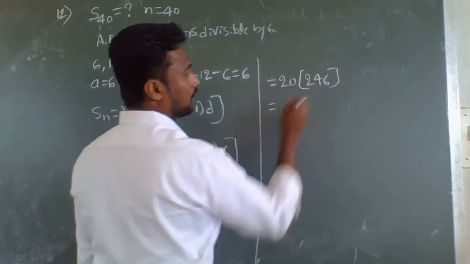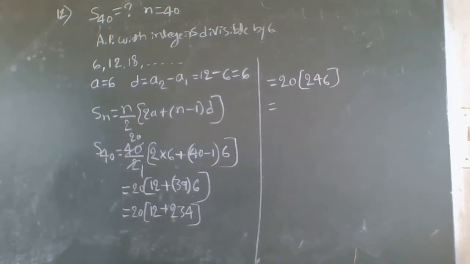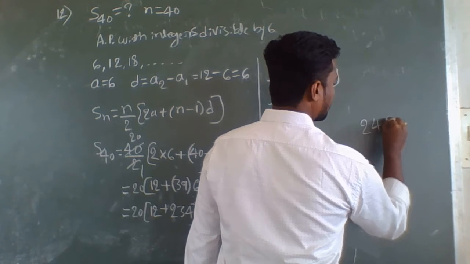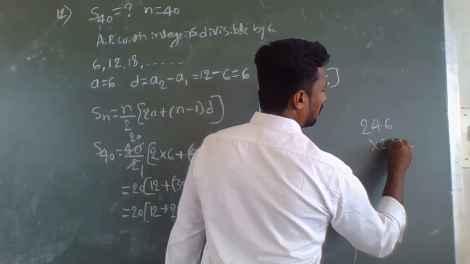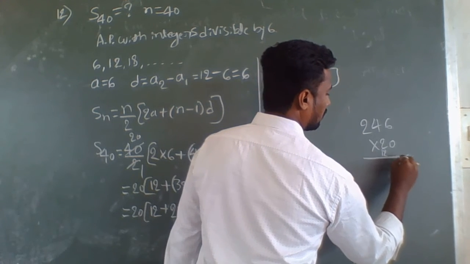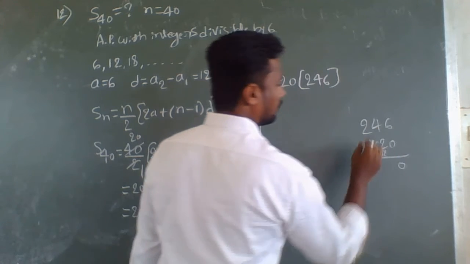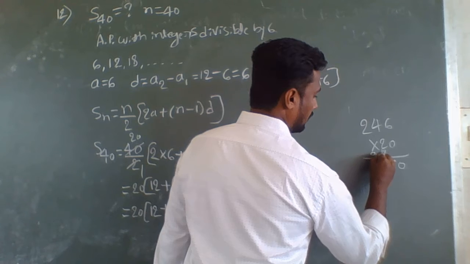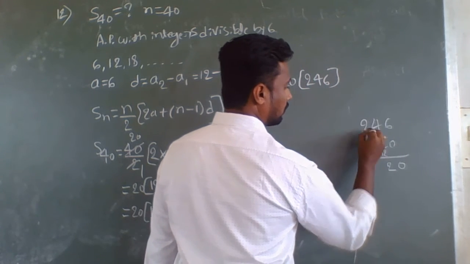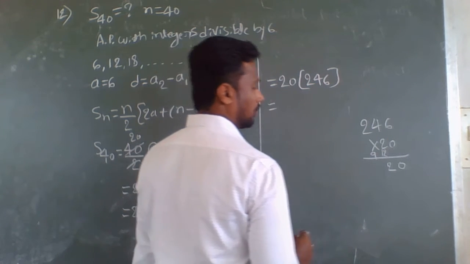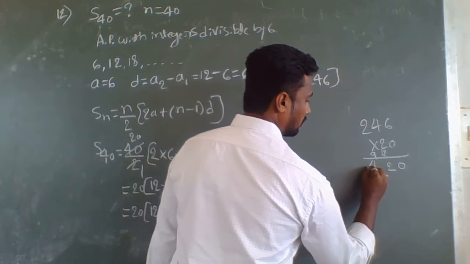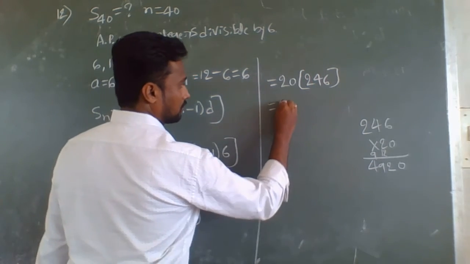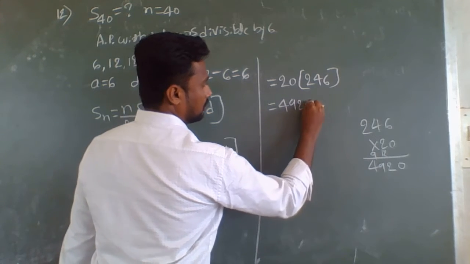So here, 20 into 246, how much will we get? 246 into 20: 20 into 6 is 120, 24, 80, 80 plus 12 is 92, 22, 40, 40 plus 9 is 49. Therefore, the final answer is 4920.